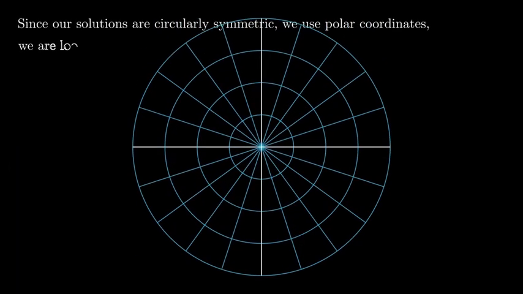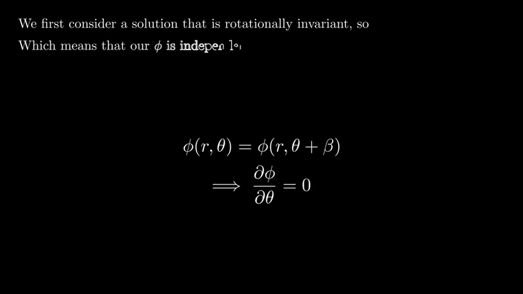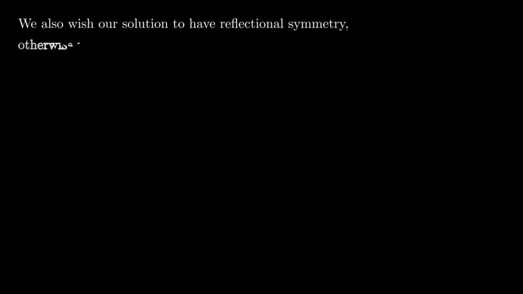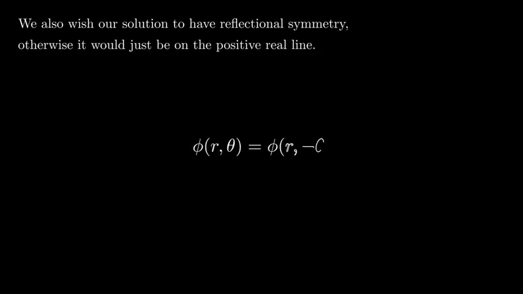Since our solutions are circularly symmetric, we use polar coordinates, and so we're looking for phi of r, theta. We first consider a solution that is rotationally invariant, so that phi of r, theta is equal to phi of r, theta plus beta. We also wish for our solution to have reflectional symmetry, otherwise it would just be on the positive real line.